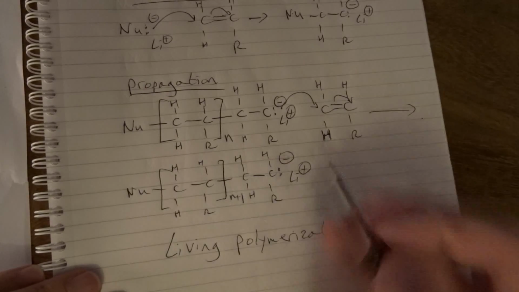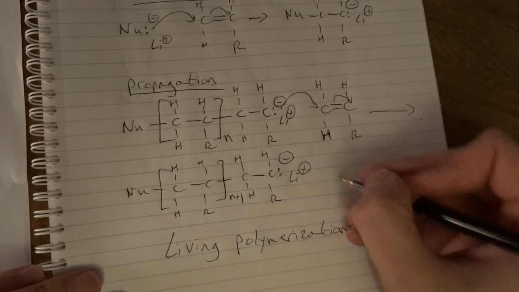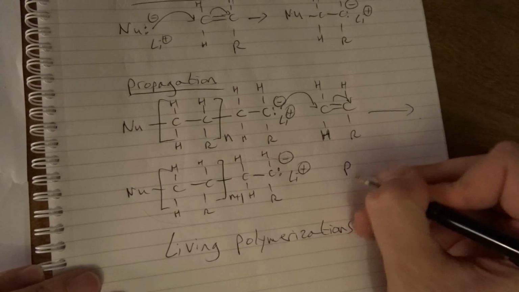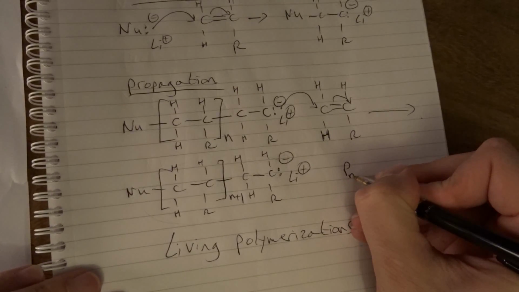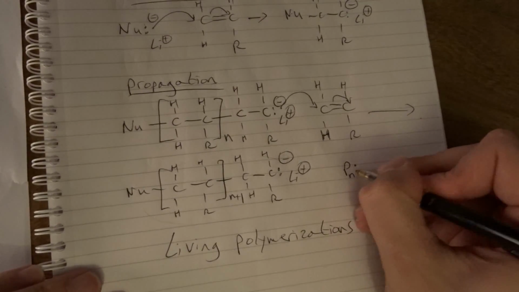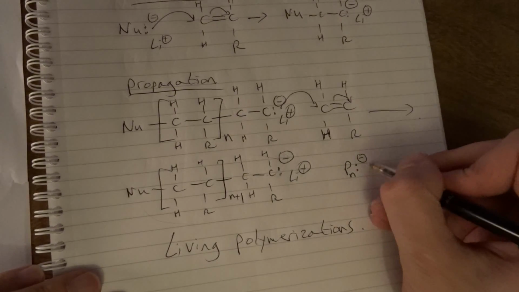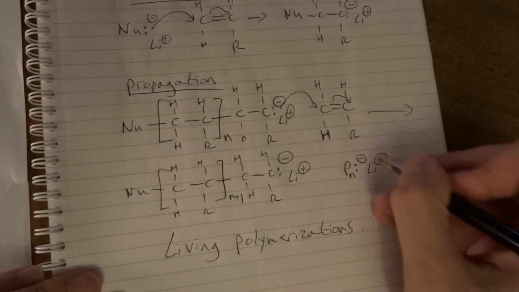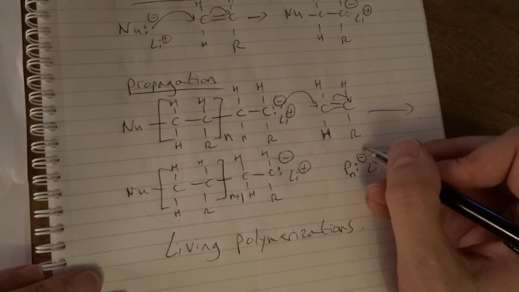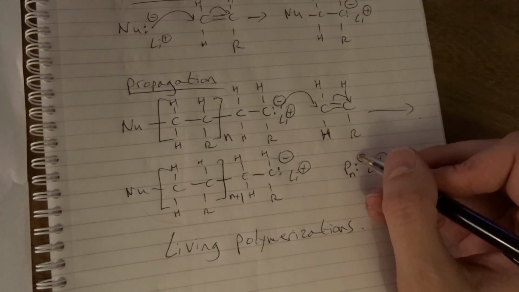So what we will now do, I will abbreviate this structure to just polymeric species N with the negative charge plus the counter ion, so we can use it in a termination reaction if we want to terminate it.